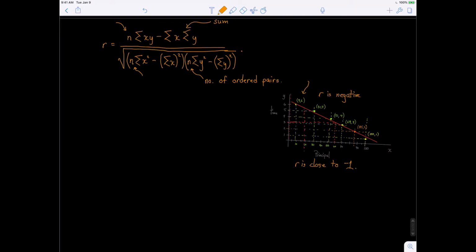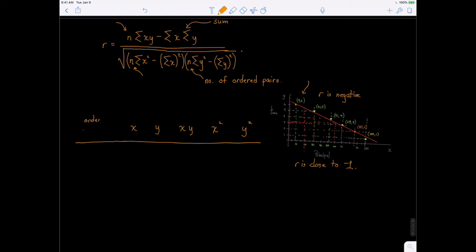And we're going to make a table that has x's, y's, xy, x's squared, and y's squared. That's all we need. And I'm going to scoot it over a little bit, and we're going to extend it over here, and we'll put our ordered pair here.